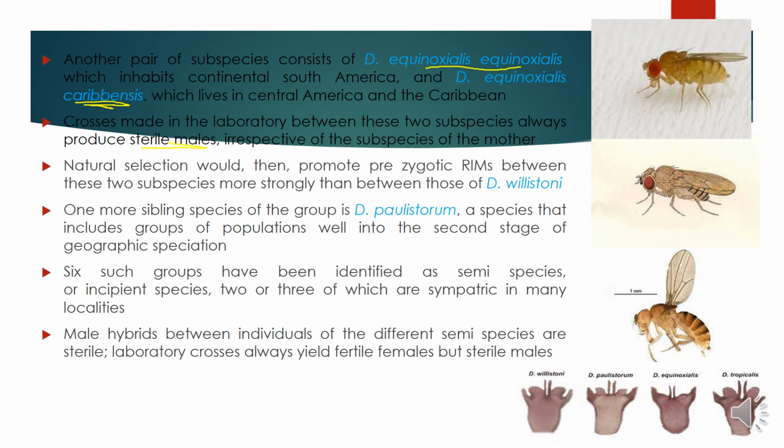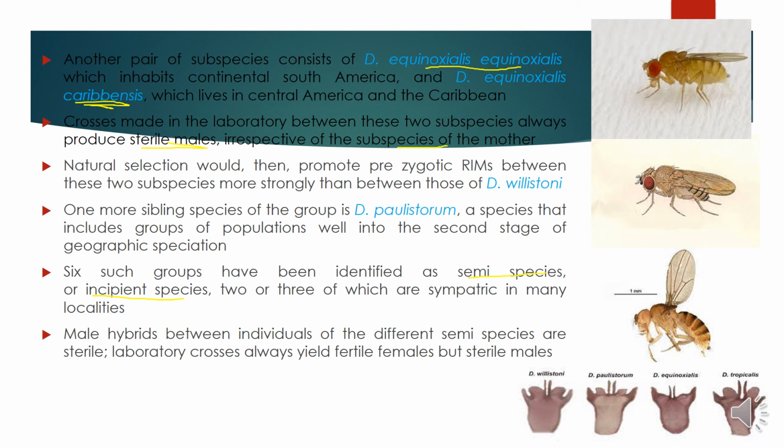So this partial sterility, irrespective of who the mother's subspecies is, shows that they are in the process of developing, or have developed, into a new species. So they are either incipient species, semi-species, or totally developed new species.